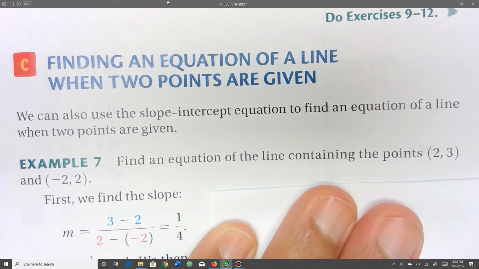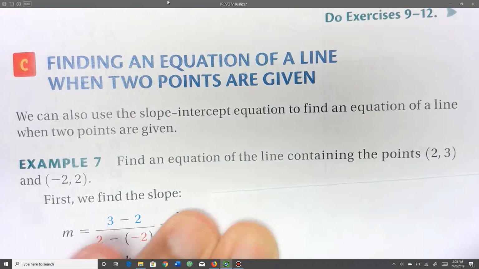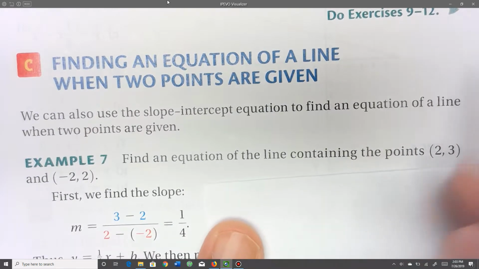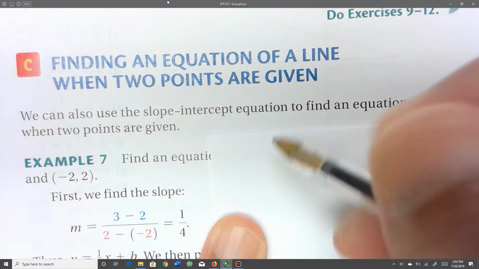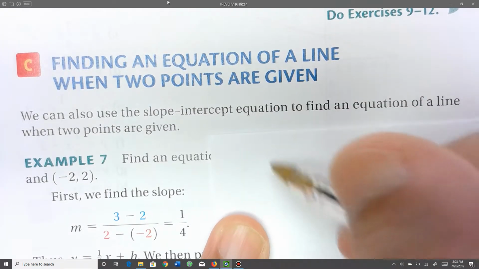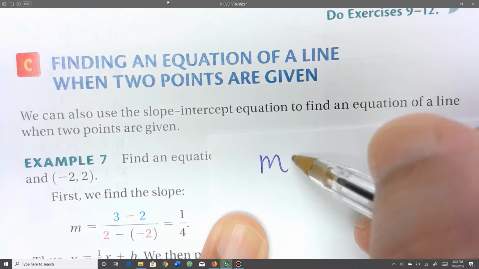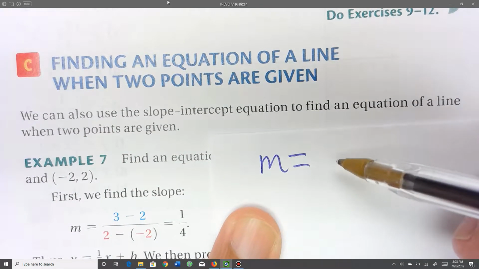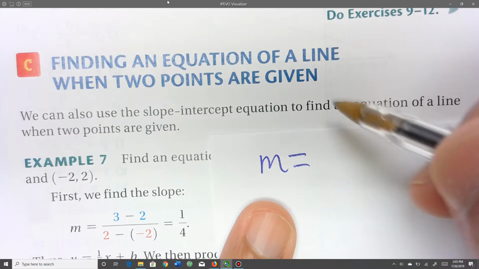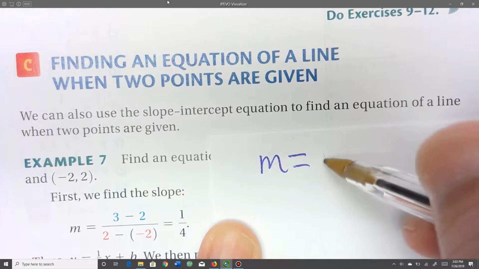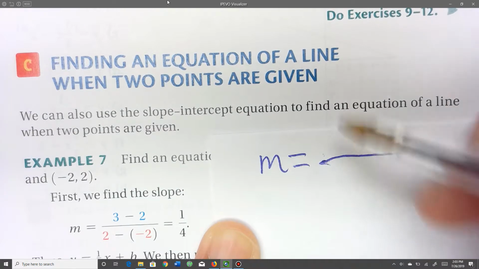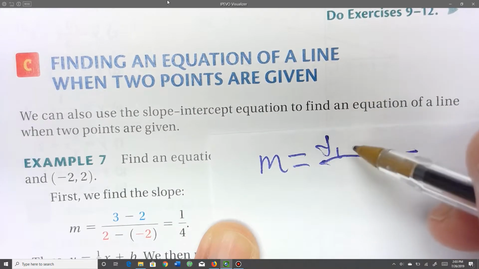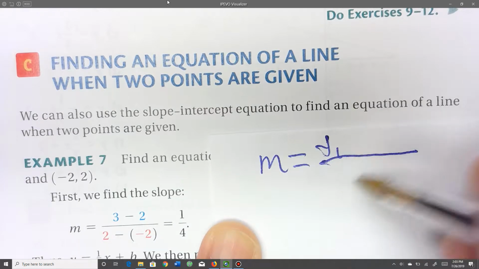How do we do that? Well, they gave us an equation for the slope, and I believe we already worked that out a few times in section 9.1. I would rewrite my equation just to have it close to me and substitute values in it right below.